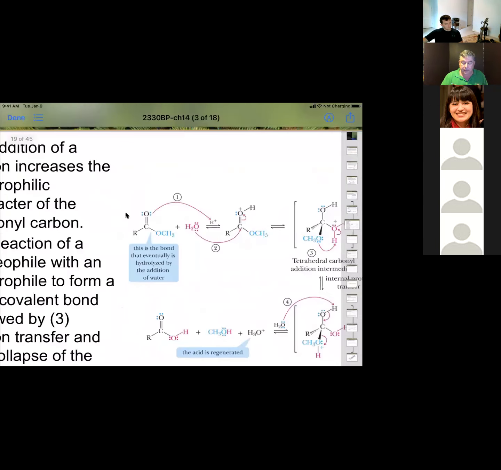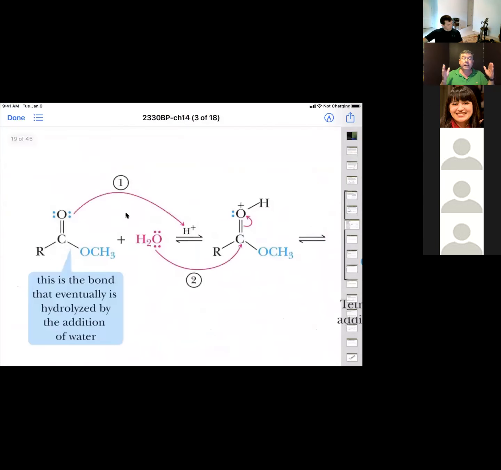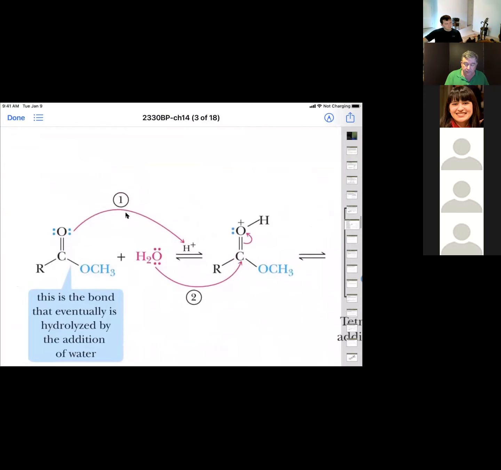So the first thing that's going to happen is water is going to act like a nucleophile. And if it just reacts with this right here, and doesn't protonate the carbonyl, that just can reverse back and forth, back and forth.